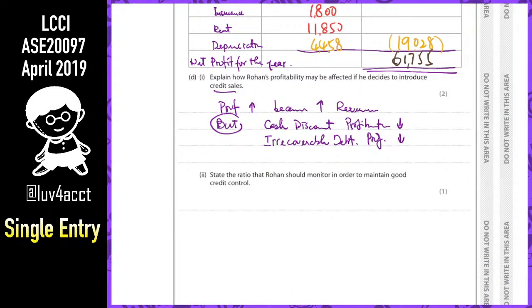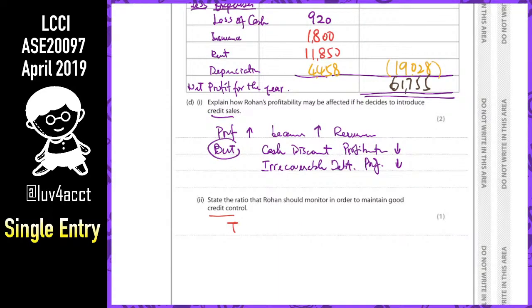Next, state the ratio that Rohan should monitor in order to maintain good credit control. Okay, so the immediate ratio that we will think of related to credit control would be the trade receivables collection period.